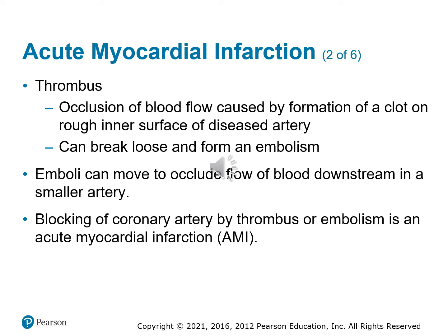Sometimes a thrombus can break loose and form an embolism. An embolism can move on and totally occlude that smaller artery. Blocking of an artery by thrombus or embolism is an acute MI. These are the patients who are going into the cath lab and are going to be managed surgically.